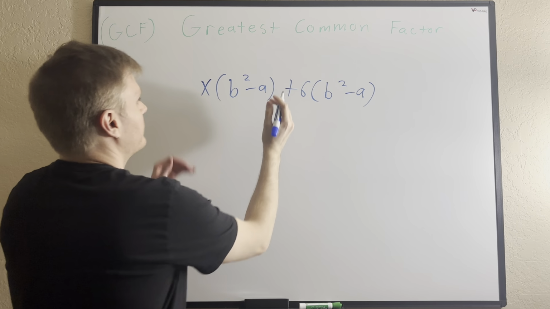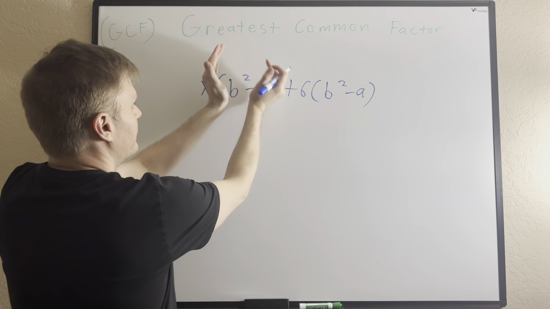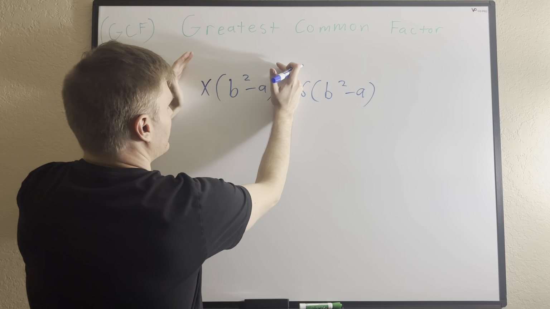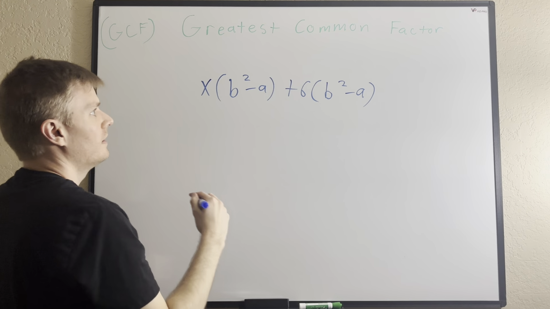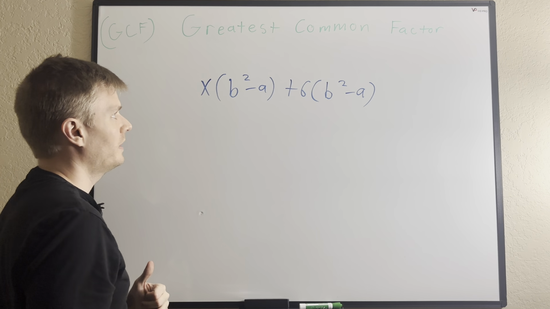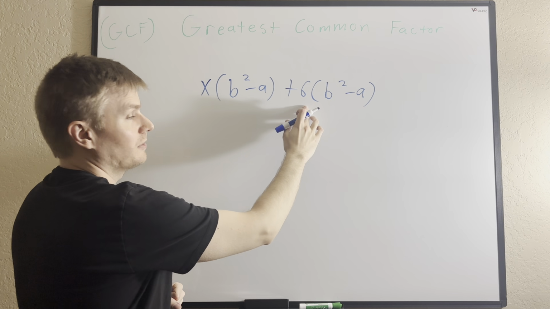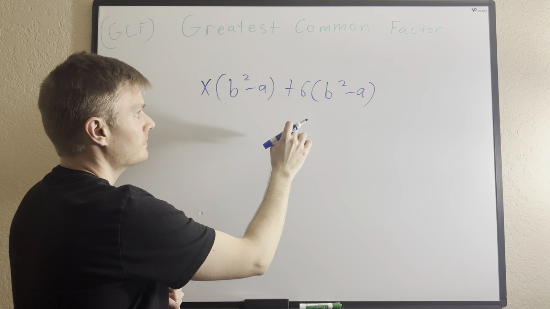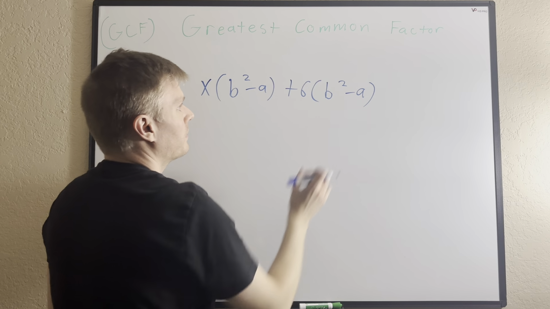You just have to realize and treat it like, wait a minute, I know there's a subtraction in this, but this is one number because it's in parentheses, right? So we can just think of this as one term, and this is another term. It's just two terms. What are those two terms being multiplied by? One of them is being multiplied by 6, and one of them is being multiplied by an x. But they're both being multiplied by b squared minus a.